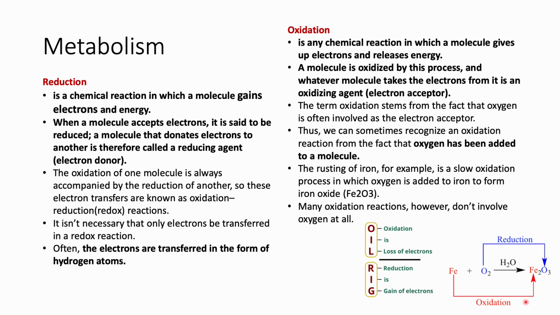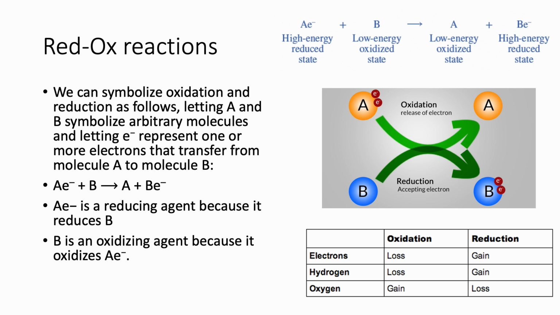Oxidation, it loses an electron. Reduction, here it gains an electron. And like we mentioned, the reduction is gaining an electron, and often it's in the form of hydrogen atoms. All right, so oxidation, reduction. Oxidation is loss, reduction is gain. These reactions together we call redox reactions.